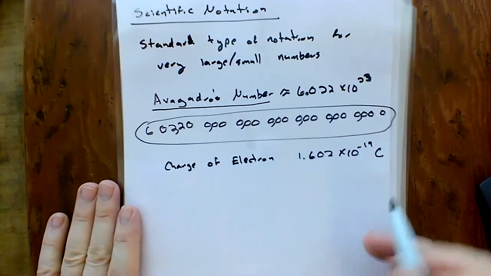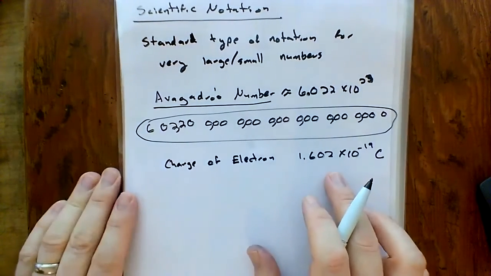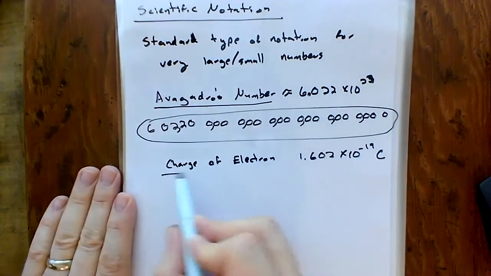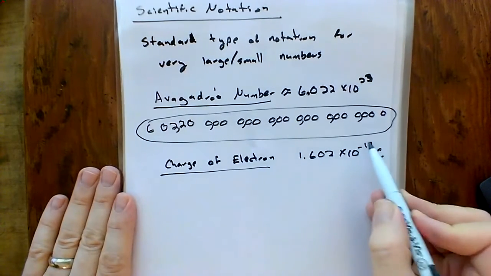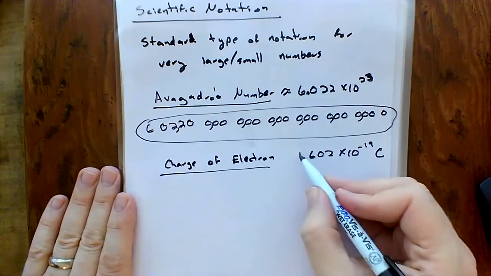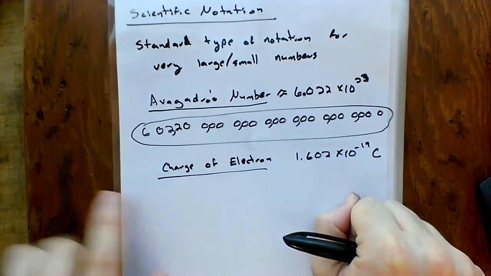So you don't really get a sense for how small this is, but this is also the charge of a single electron. Because this exponent is negative, this basically says that my decimal point is 19 spaces further to the left.